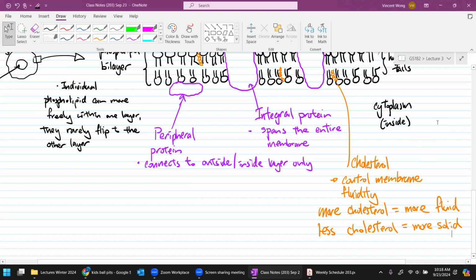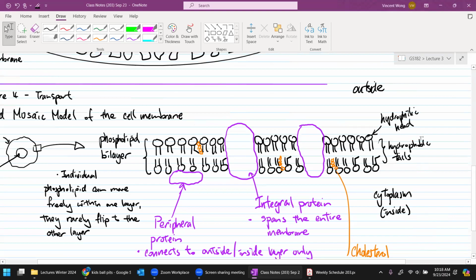Just two more things, and then we're done. I promise. So we have the phospholipids, which are in black. We have the purple proteins, and then we have the orange cholesterol. Now, every now and then, some of the proteins, not all of them, are going to have some sugar on them. These are like glucose.